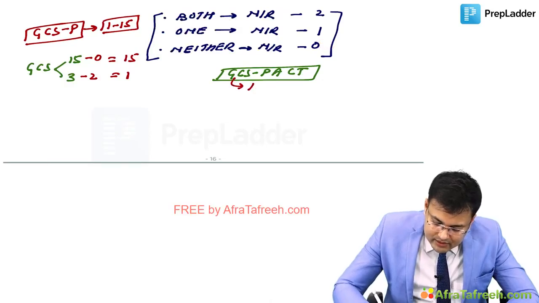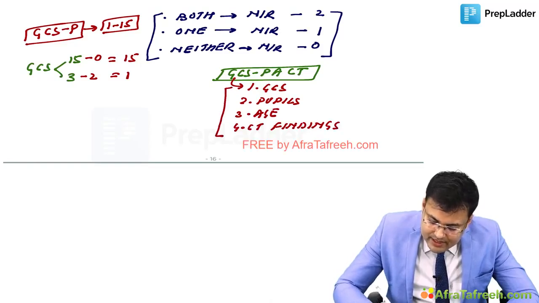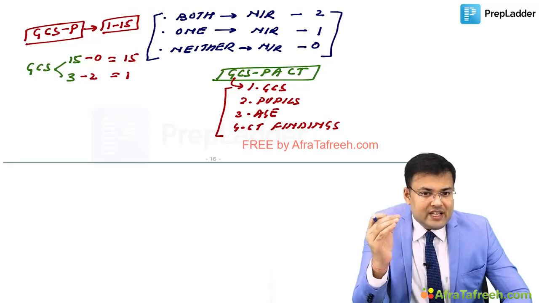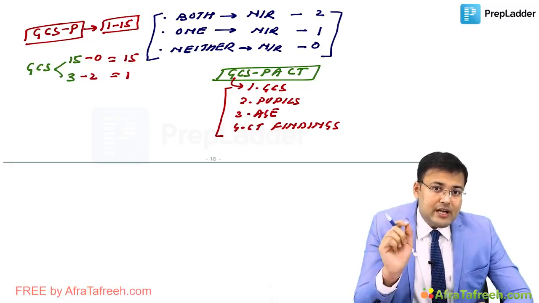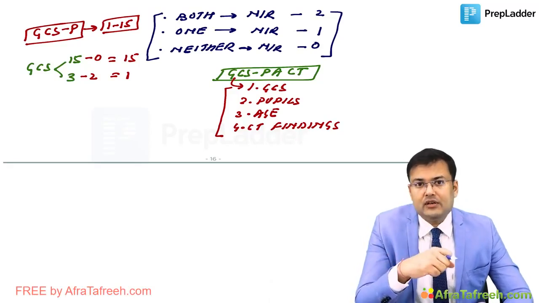Here the components are GCS, P means pupils, A means age, and CT means CT findings. Clear? So in GCS PACT, the components are GCS, pupils, age, and CT findings. These are very, very important. Every year at least one question is asked related to this particular topic.